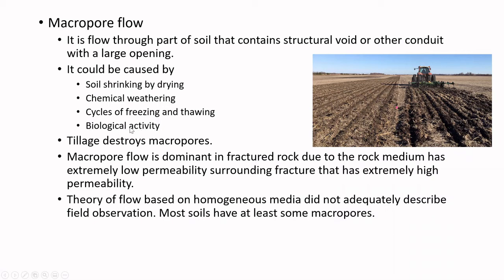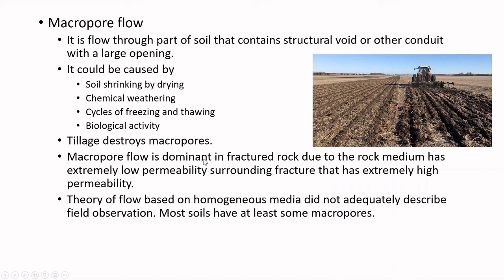As a result, it changes the macropores, possibly creating more space, or in most cases, creating stickiness in the soil that makes it hard for water to get through. And tillage destroys macropores. For example, heavy machinery doing tillage could destroy them by compacting the soil.